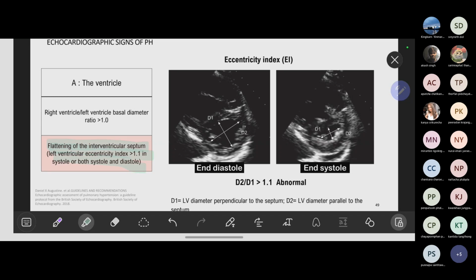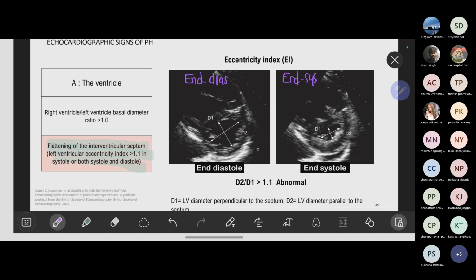It is measured at the peak of the R wave in diastole and in systole. Systole is measured at the frame with the smaller LV cavity.